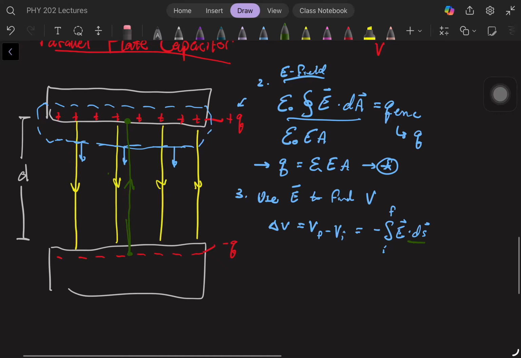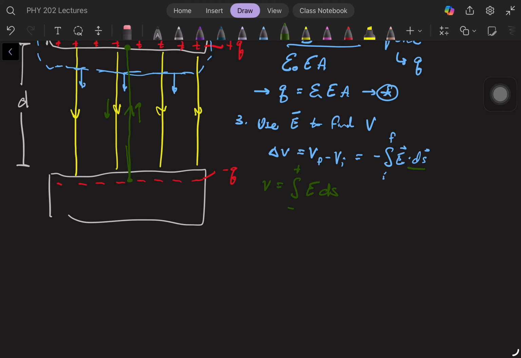We have an E field going down, ds going up. That dot product gives us a negative sign, which makes this whole integral positive now. And so V is equal to the integral from negative to positive of E ds.